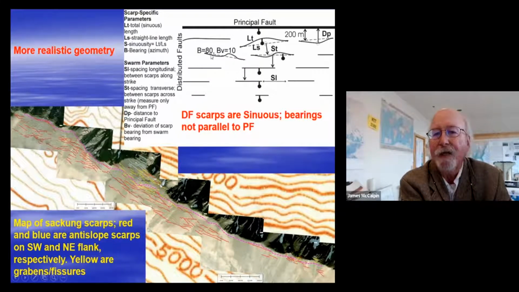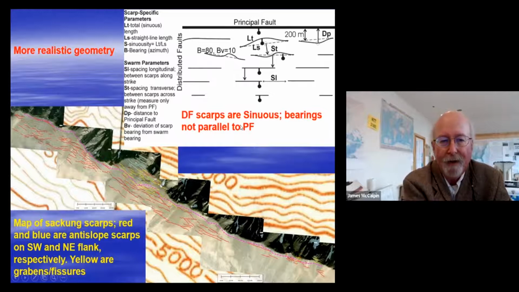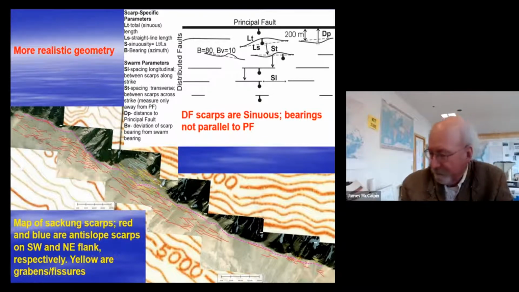And not only do they have a different bearing, but they're not straight lines, they are curved lines. So the true length of the scarp is different from the straight line length. So you have some sinuosity there. Here again, this is an image of all the 183 scarps in my array that I was trying to characterize.